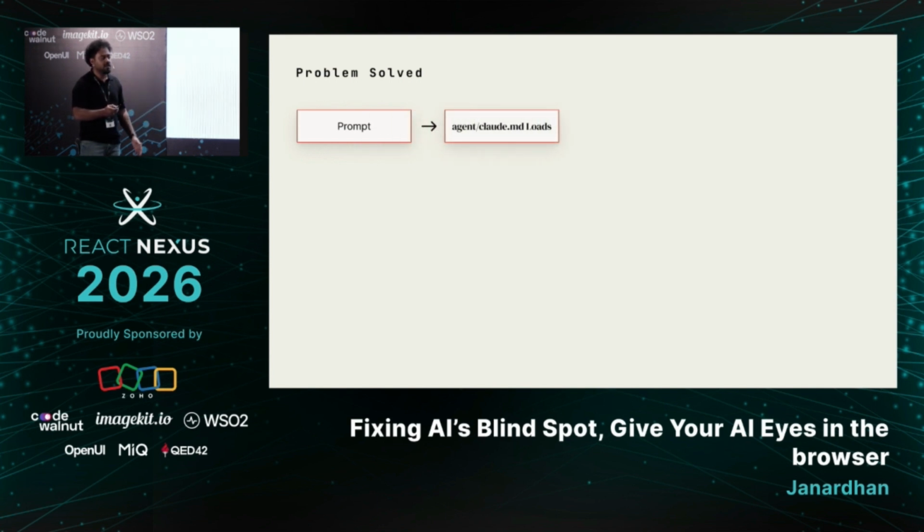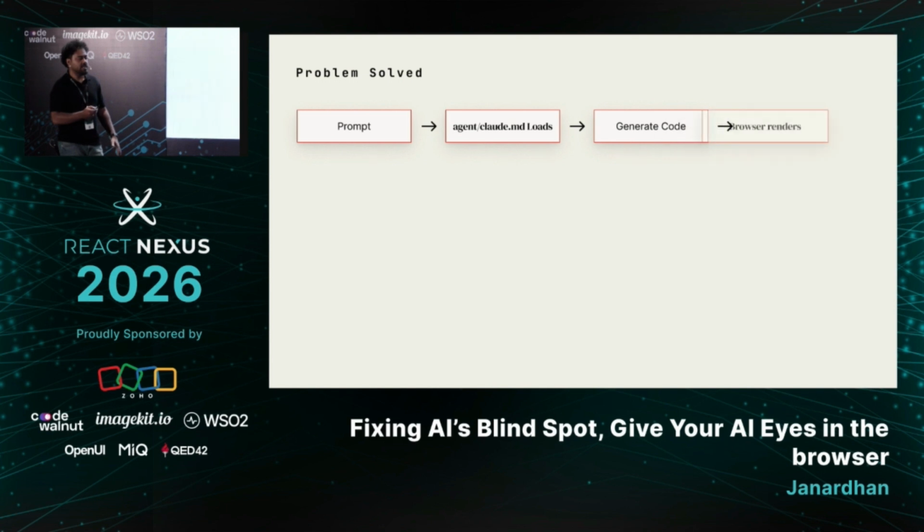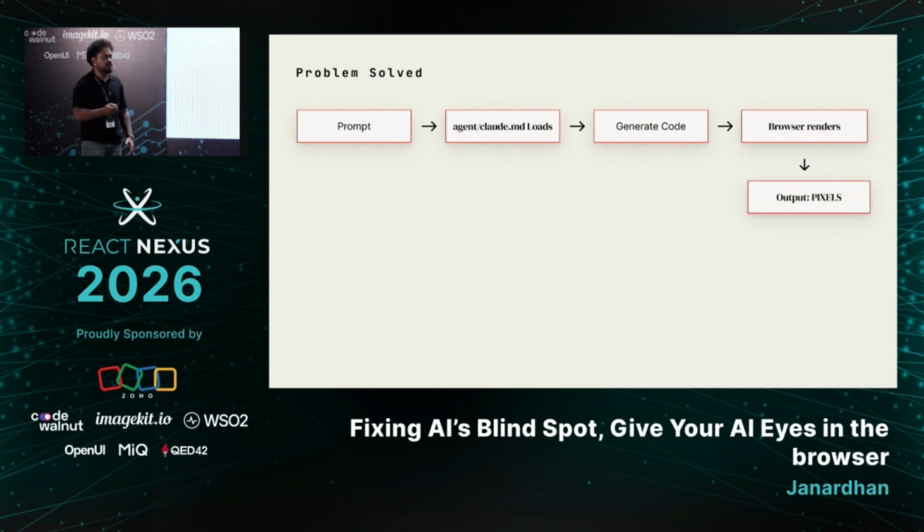We prompt the AI, the Claude MD file loads, and it has all the how-to-code context, and then it generates the code. It runs in the browser, the UI is rendered in the browser, and the pixels are output and sent to the dev tools.